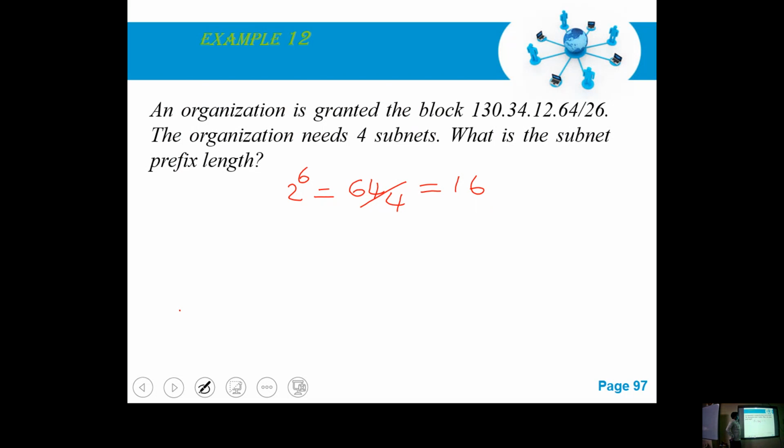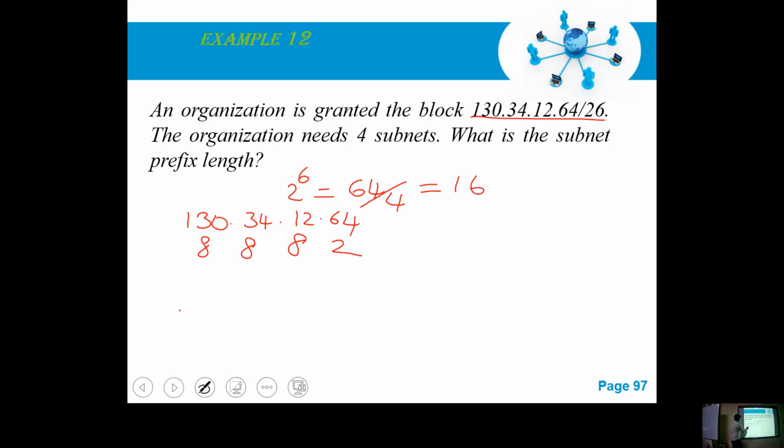Now for this original block, I need to find the starting address. How can I find the starting address? Using the mask. What is the mask in this case? It is 26 bits, right? 26 means 8 bits, 8 bits, 8 bits, and 2 bits.